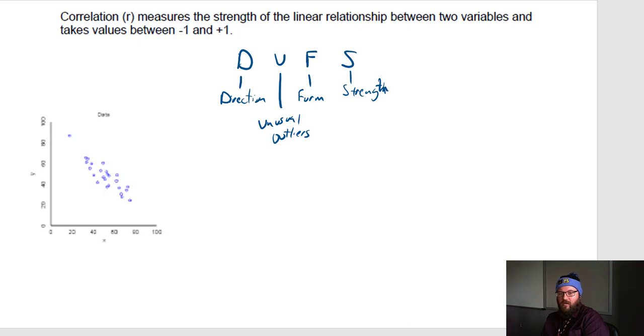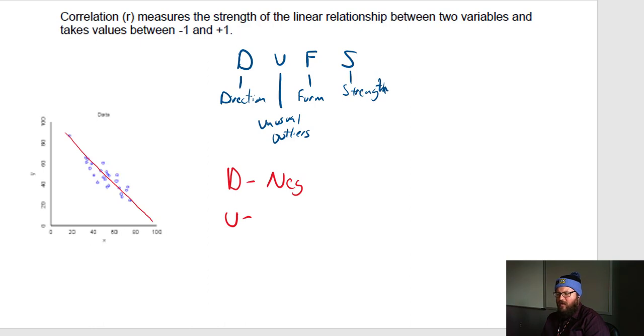So to determine this, on this first graph here, I'm going to get red, and I'm going to say we could draw an imaginary line like that, right? So the direction, we can already see that it is going negative, right? It's a negative direction. Are there any unusual outliers in this case?